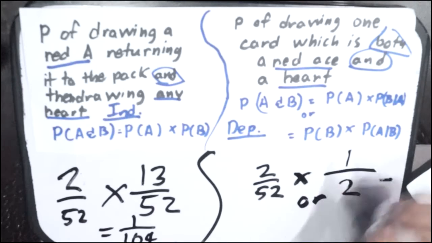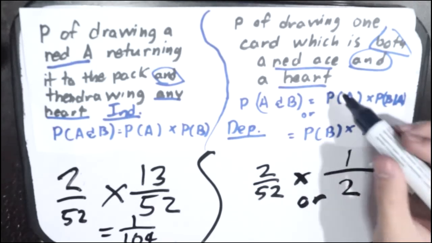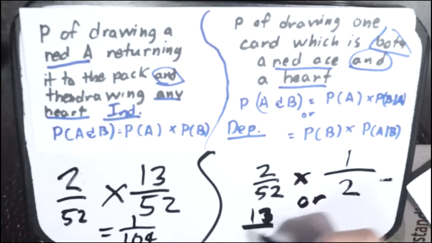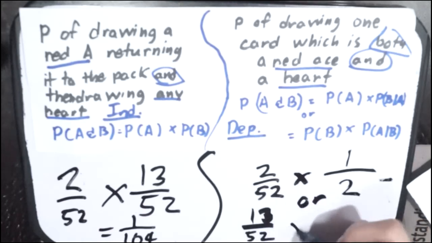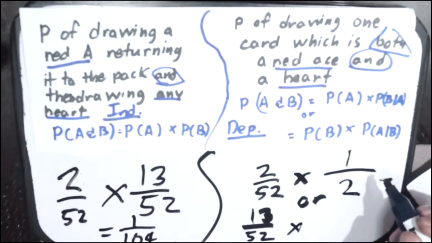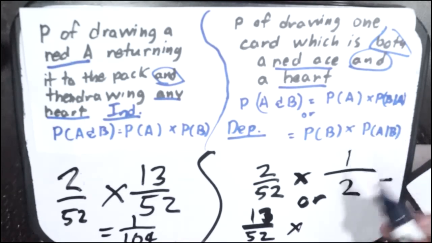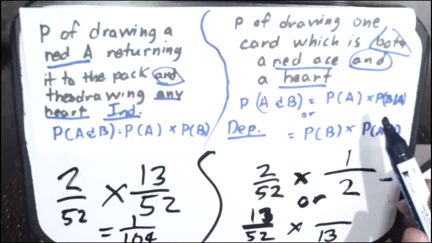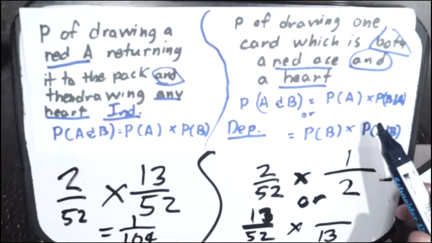Or you could use the other formula, which is the possibility of B, a heart, 13 divided by 52, times the possibility of A happening in B. Granted that B has already happened, that's 13 times, what is the chance of a red ace happening in the suit of hearts?